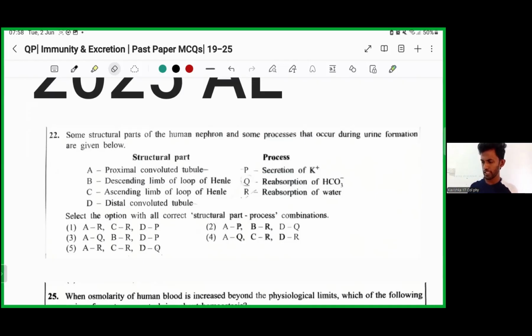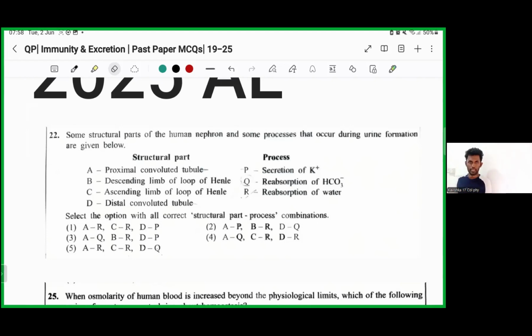AR, AQ, AP. Then let's see B, the descending limb of loop of Henle. The descending limb of loop of Henle is the cut off point, definitely water, right? The reabsorption of water only, nothing else. Okay, the ascending limb doesn't take water. Sodium chloride is actively and passively reabsorbed.